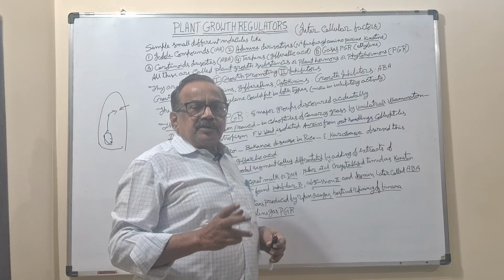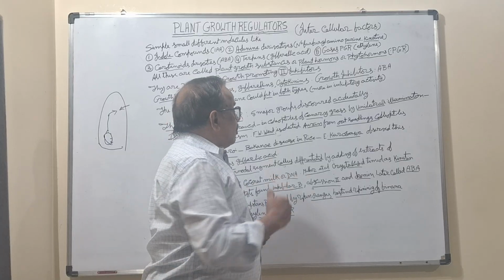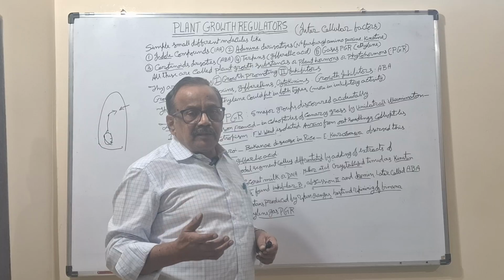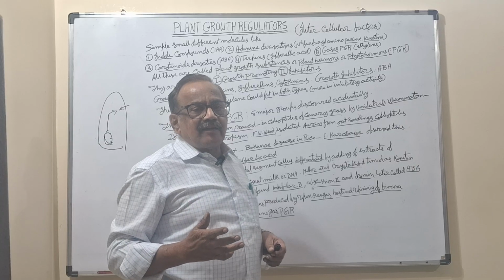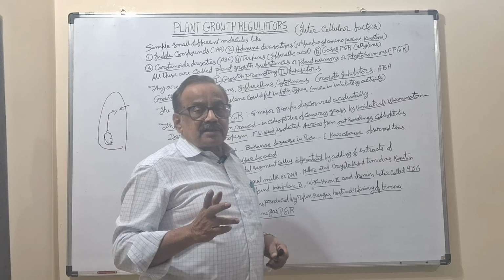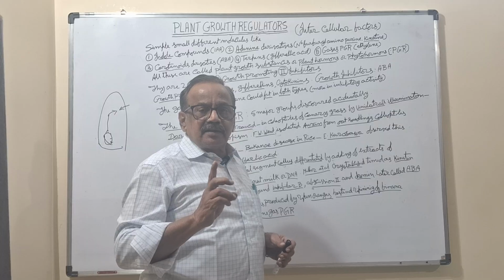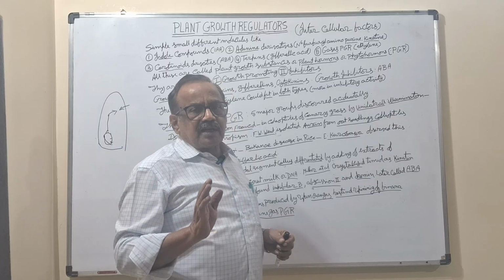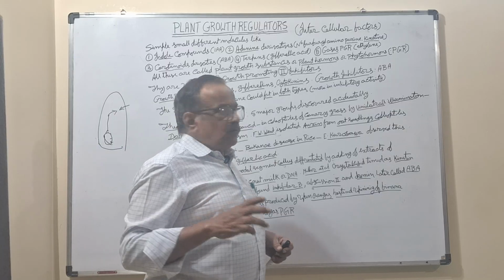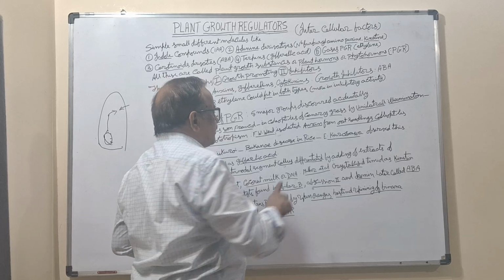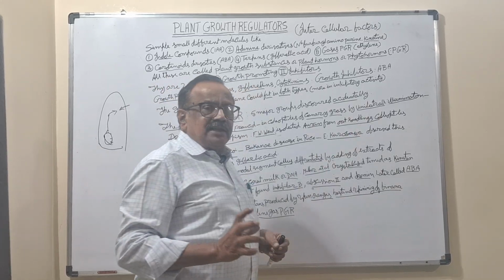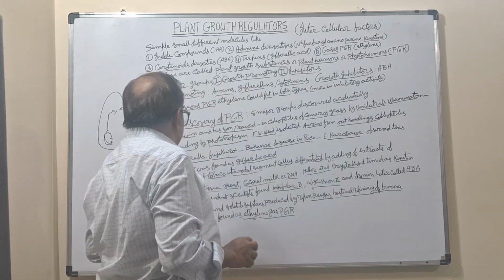He took oat seedling coleoptiles and observed. And the scientific name is Avena sativa. Avena, remember it. The Avena sativa seedling coleoptiles were separated.